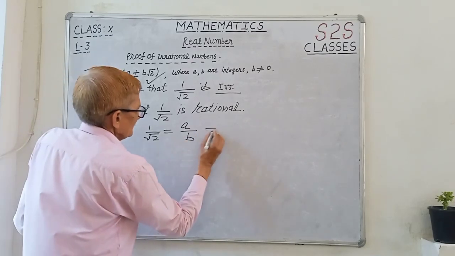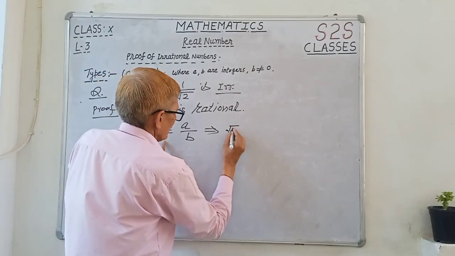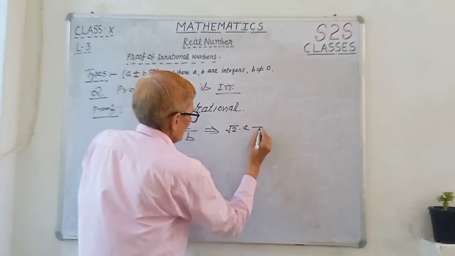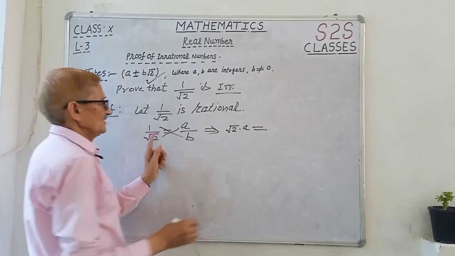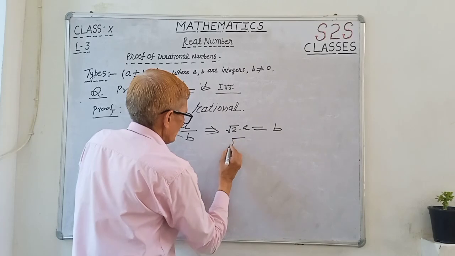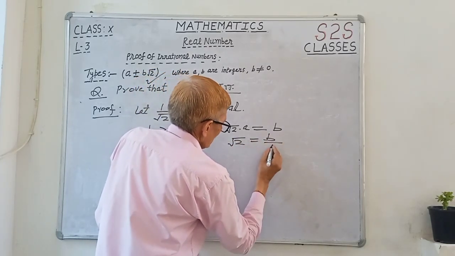Then b into 1 is b, then √2 will be equal to b/a.